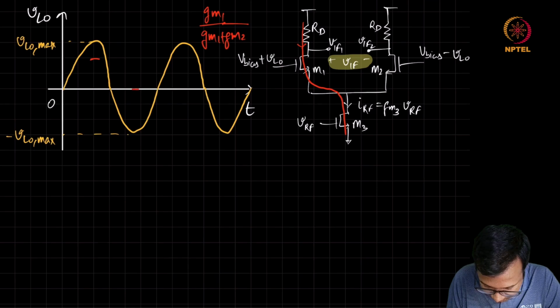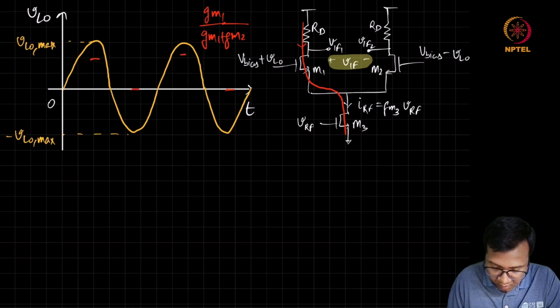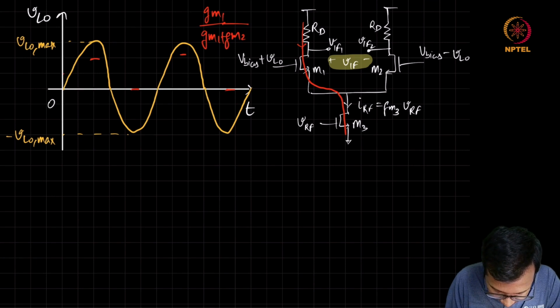So this part is known to us, and because of this non-linearity, this plot looks like this.